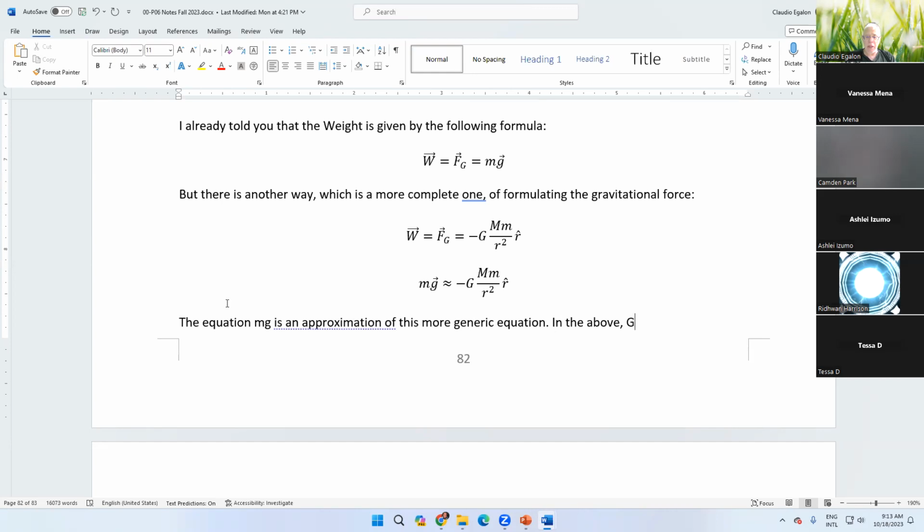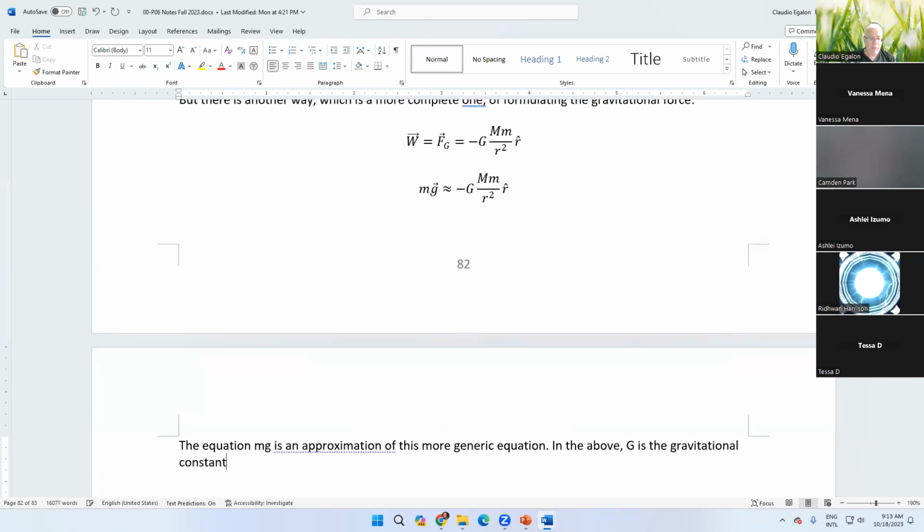In the above, big G is the gravitational constant. I'm going to give you the value for it. Big M is the mass of the Earth.